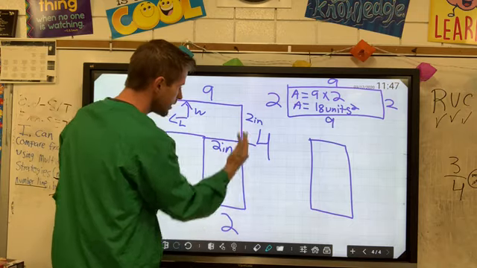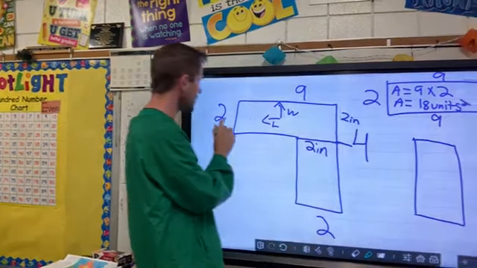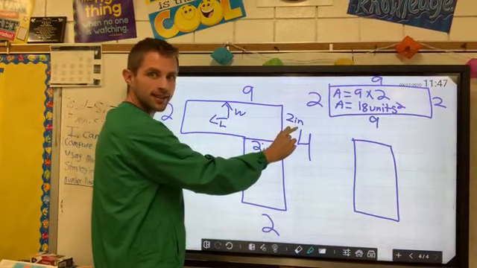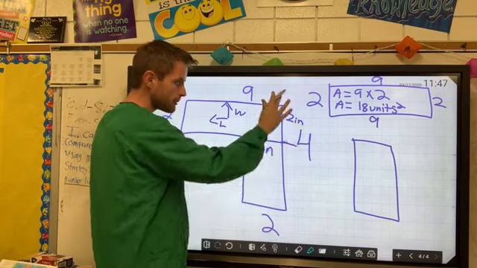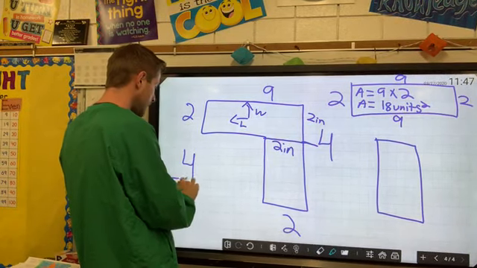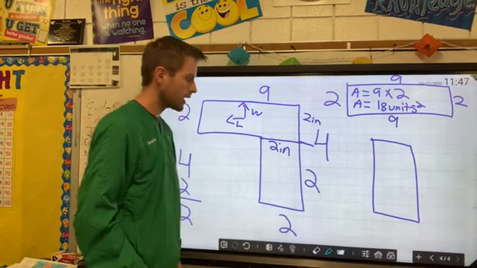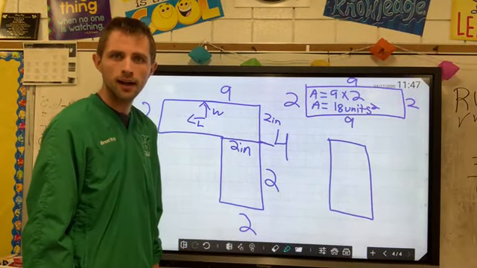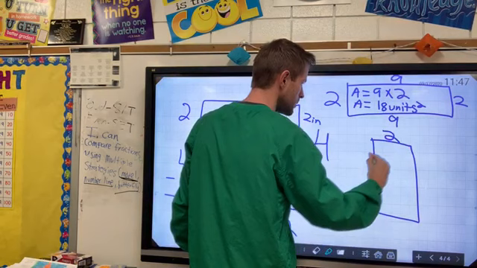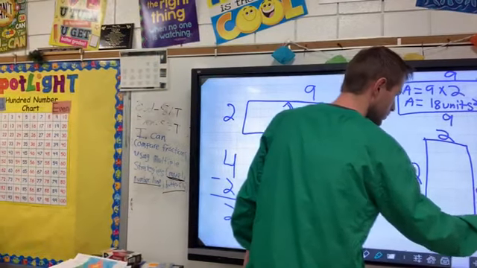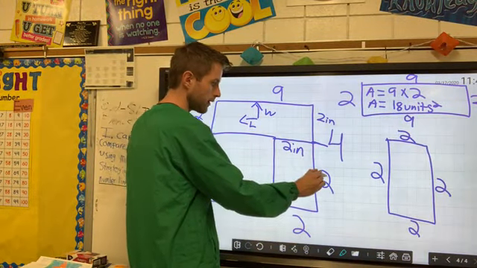It used to be a whole of 4, but we split it, right? And when we split it, we said this was 2, which means this has got to be 2, right? And if this whole thing used to be 4, that means we have to say 4 minus 2, which is going to give us 2, which means this part has also got to be 2. Because if it's at the top, that means it has to be the same for the bottom. To the left, same for the right.